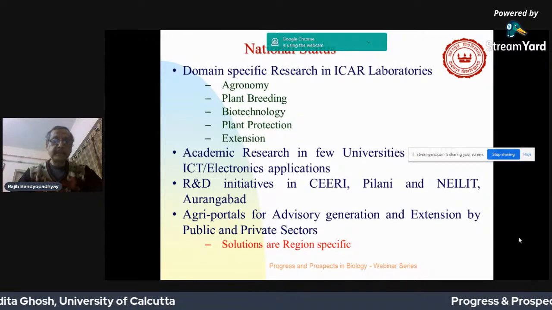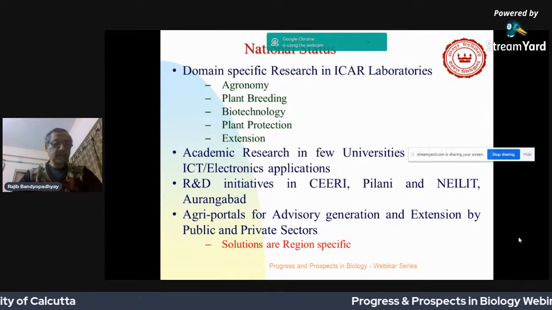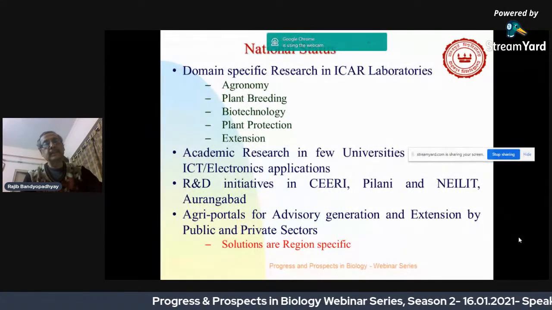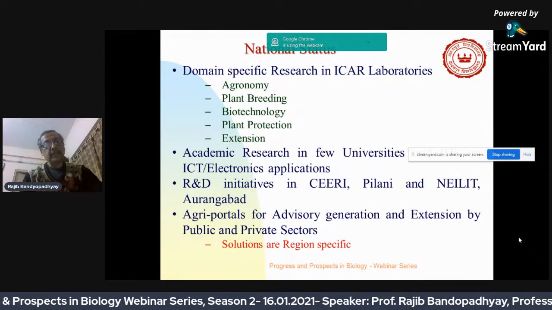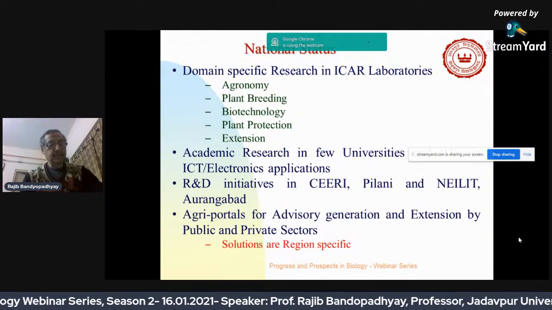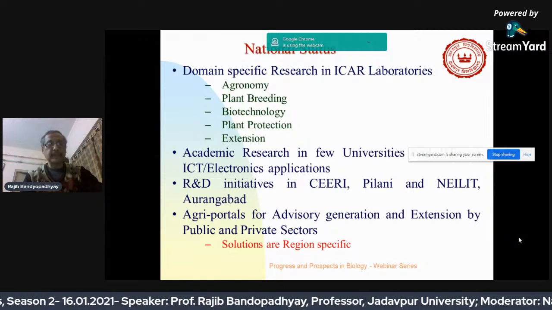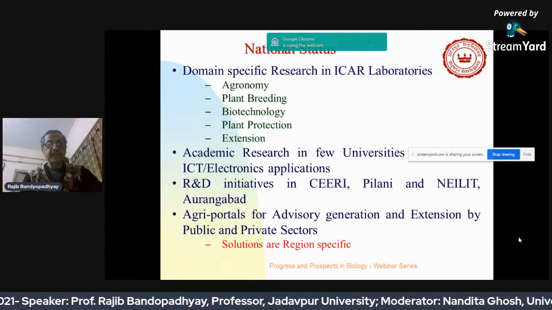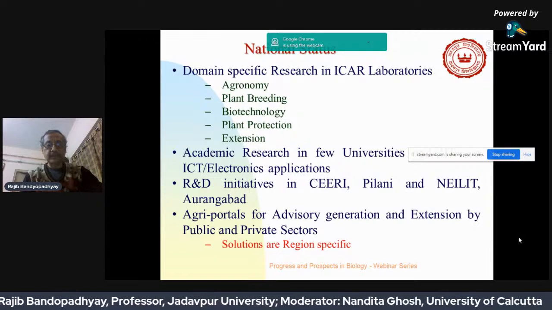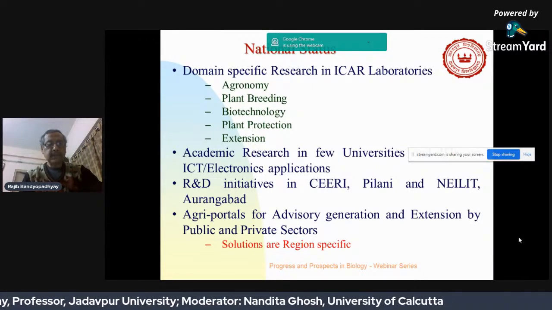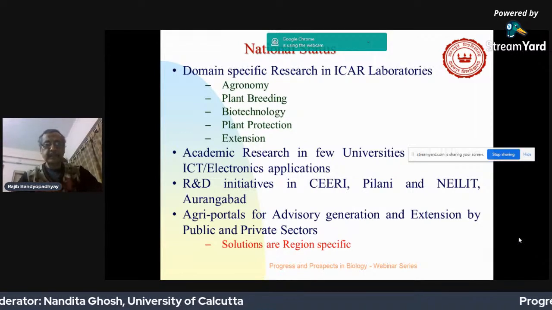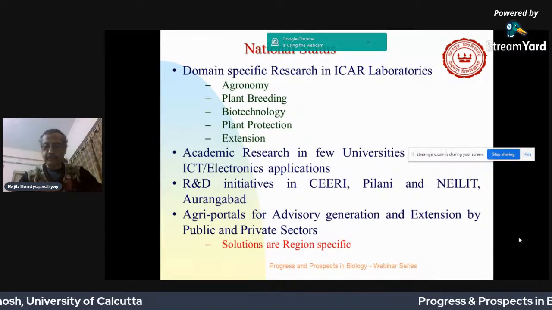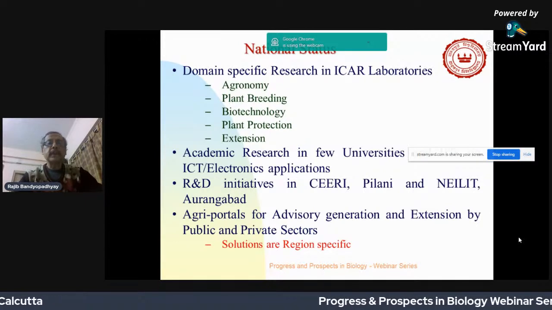But there are some limitations, particularly the high-end technologies that are yet to be employed for this purpose. Rather, there has been rampant use of pesticides and fertilizers, which has really reduced the fertility of the soil. Although the Indian government has taken very important steps to take this into account.